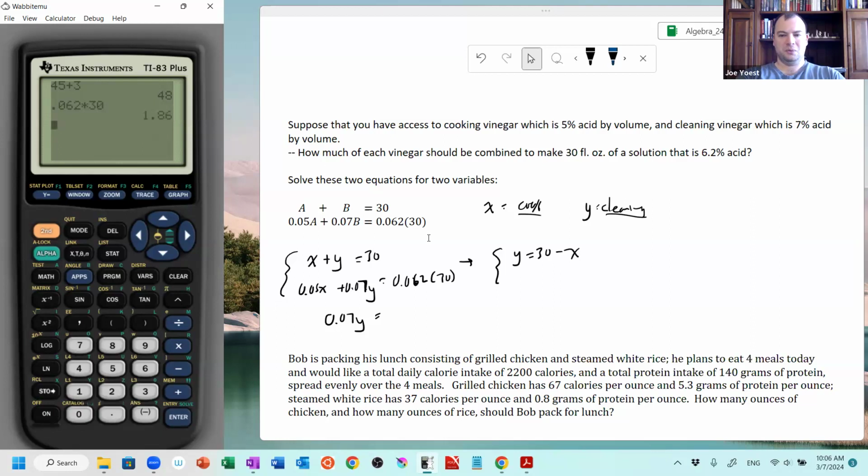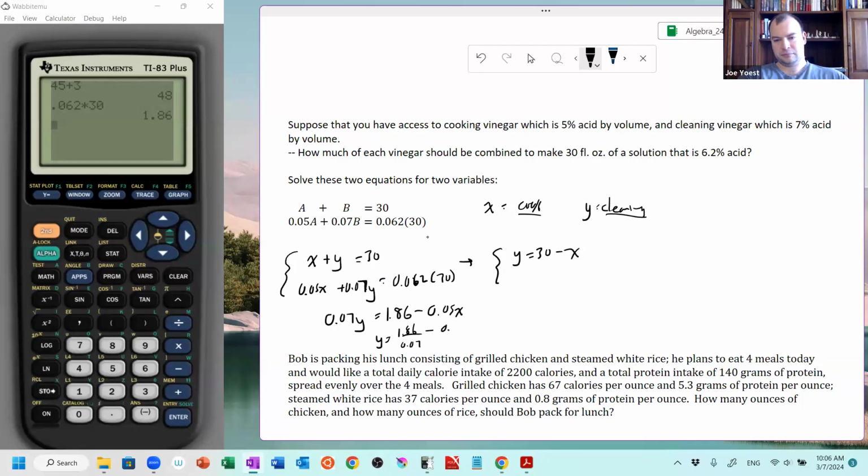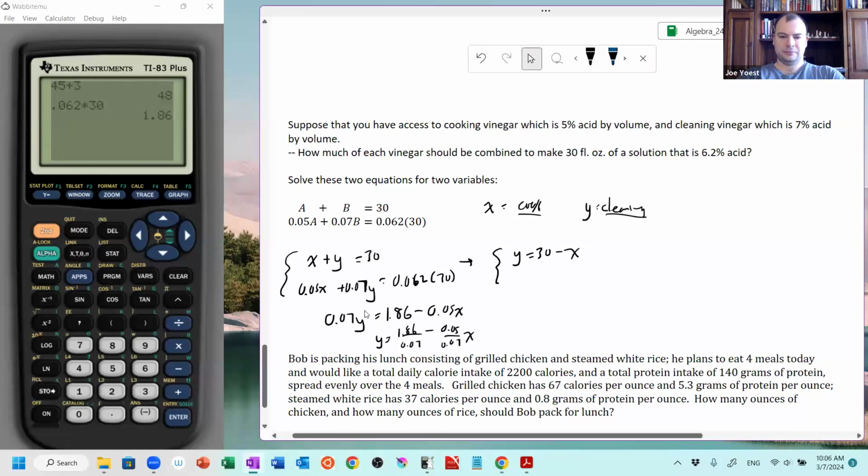So this gives me 1.86. And I subtract 0.05x over, and then I divide by 0.07. It's not very nice, but I'm going to leave my equation in this form rather than simplifying or getting approximations.